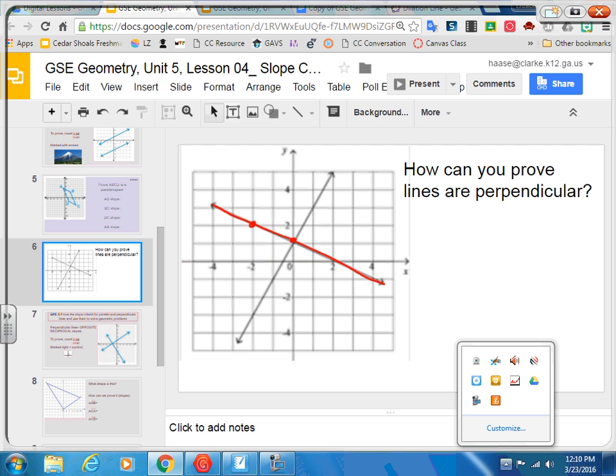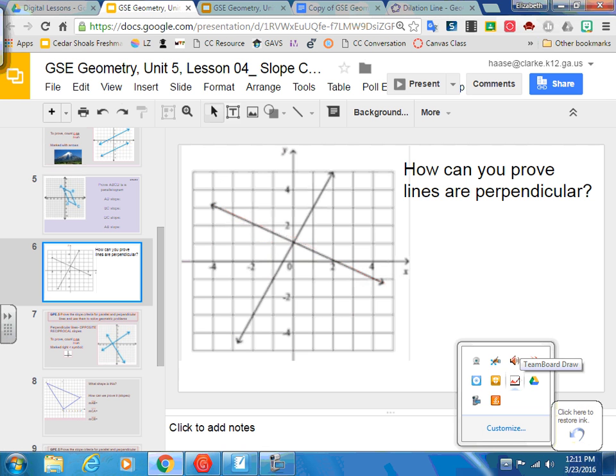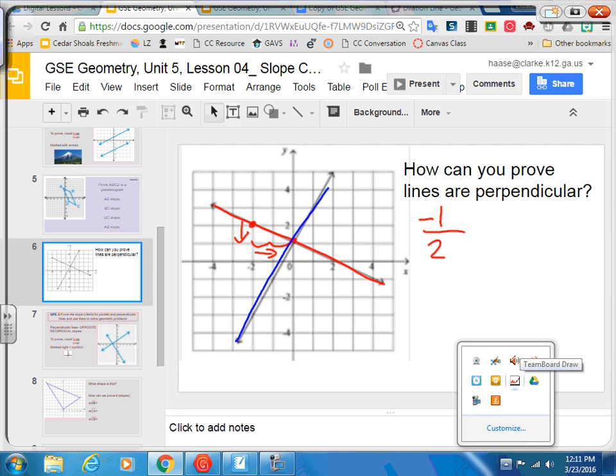So if I start here, I need to go down 1, so I know the slope is going to be -1, and then how far over? So right 2. So the slope of the red line is -1/2. We found the slope of the red line, correct? It was -1/2.